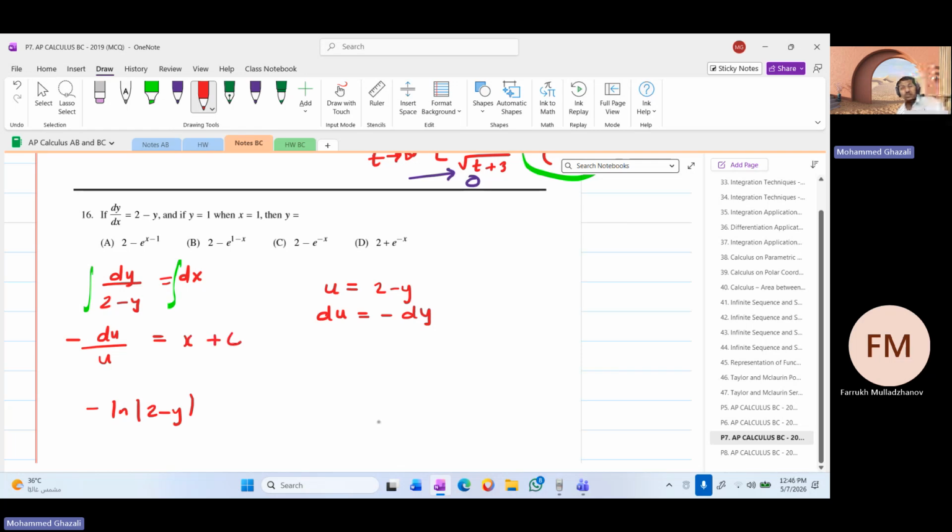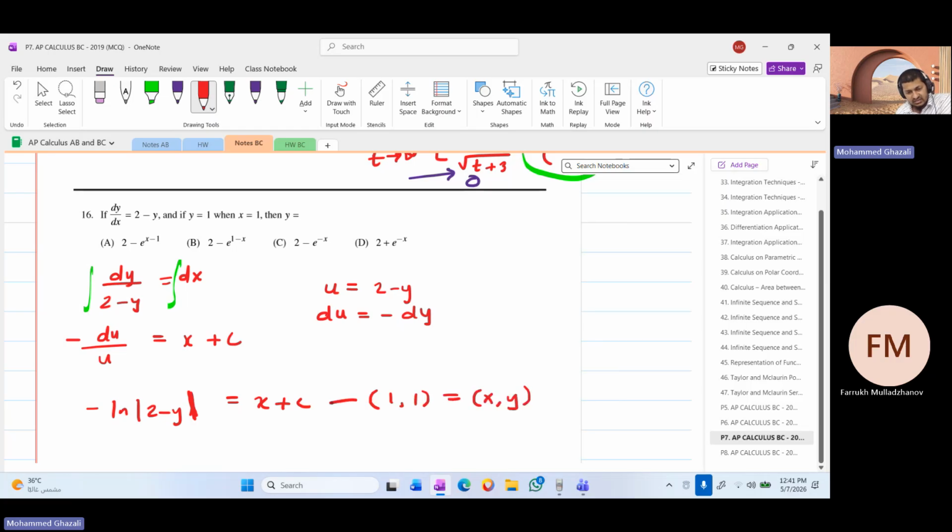All right. Now, what's the integral of this side? The integral of this side is negative ln u. What is u? 2 minus y. That's why I did it like this. Is equal to x plus c. Now we need to solve for c. How are we going to solve for c? We are given 1, 1. X value 1, y value 1. Those are x and y values.